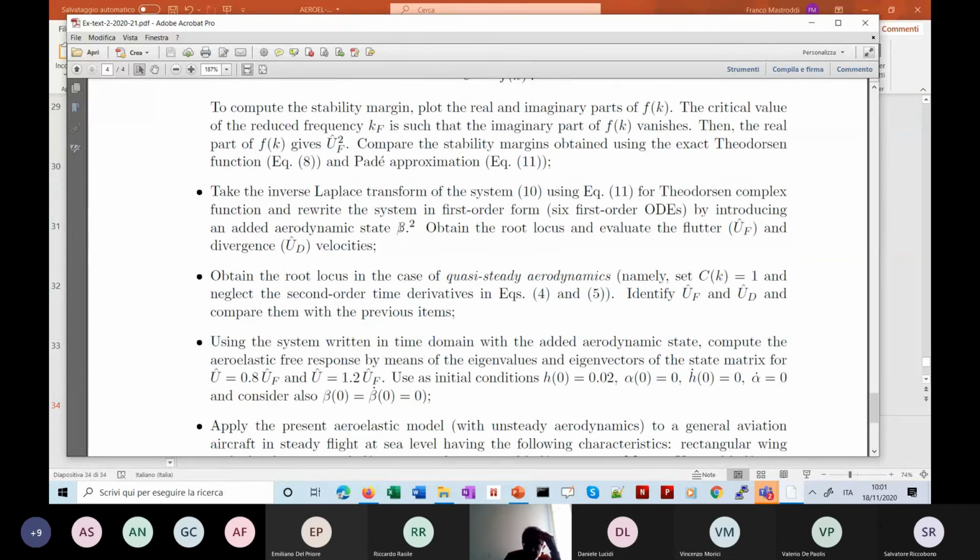You have to introduce in your system, and I invite you to do this without support at the beginning, an aerodynamic state beta. How?